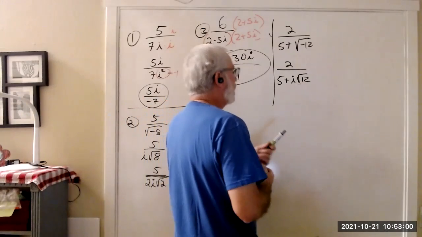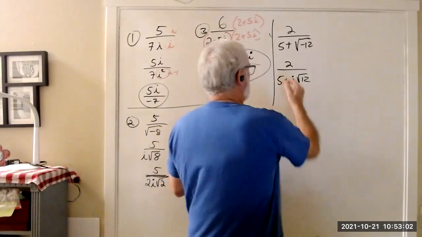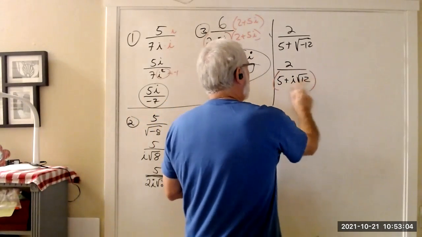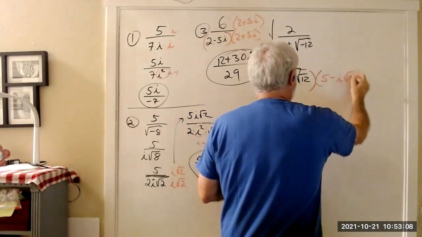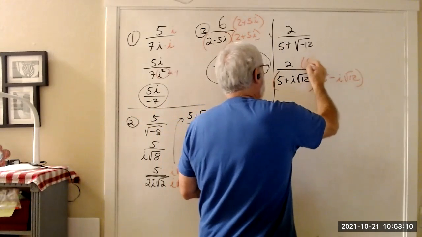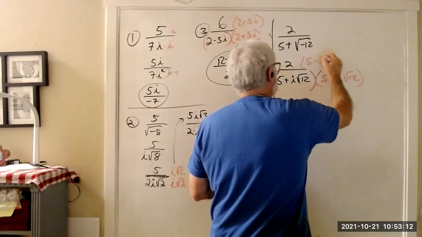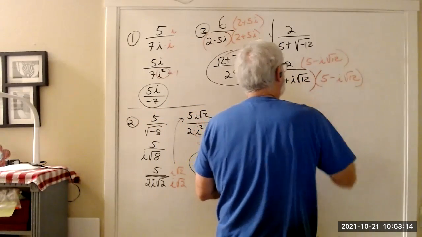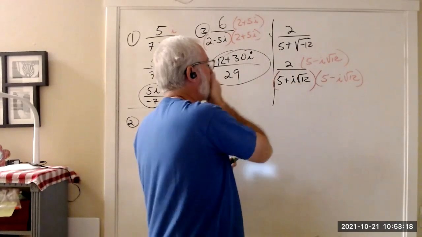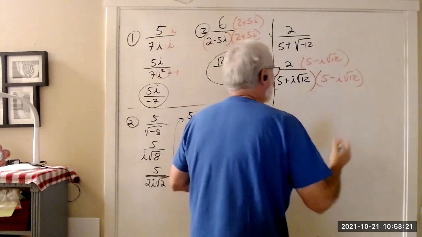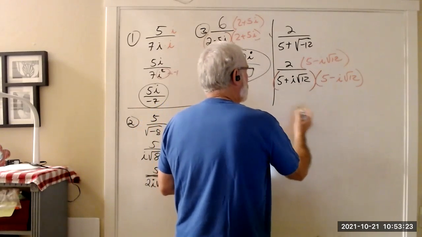So here, I'm going to multiply by the conjugate. In this case, the conjugate is going to be 5 minus i radical 12, top and bottom. So this is going to get messy.